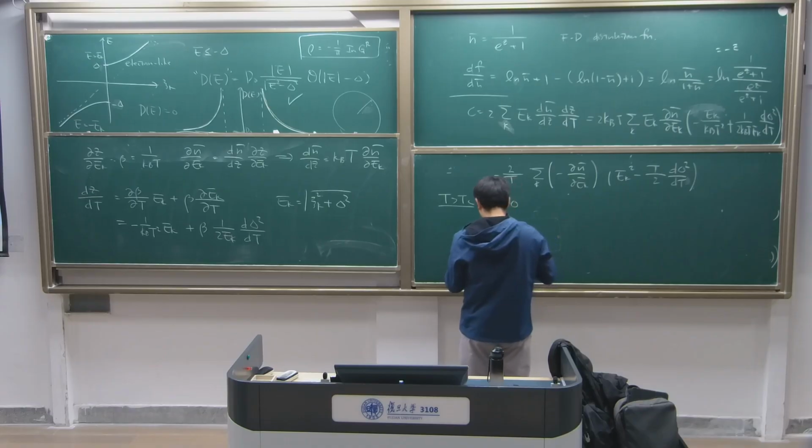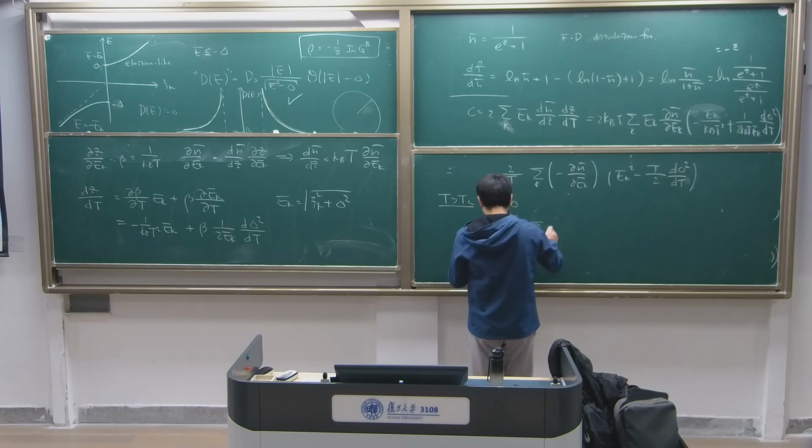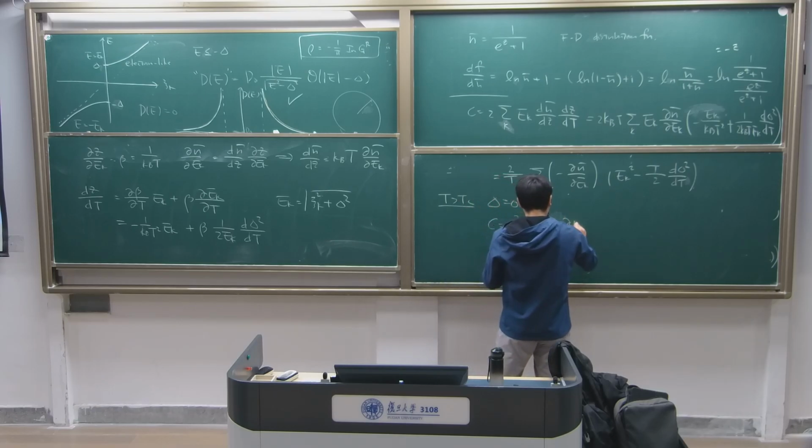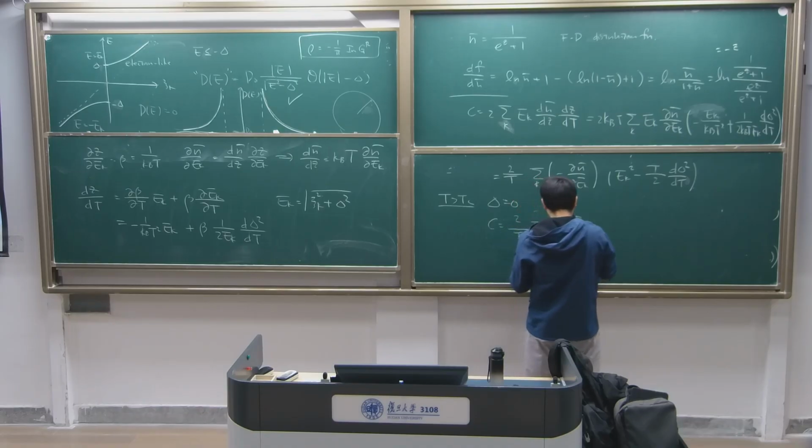T is equal to 1 over T, sum over K, and minus n bar, that's EK.